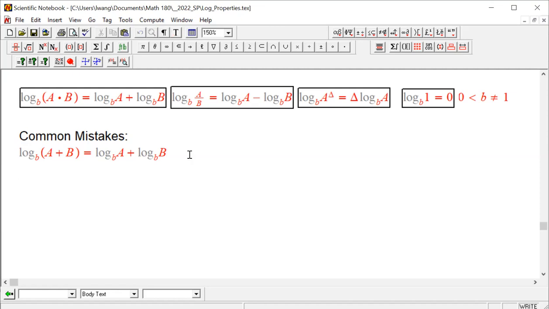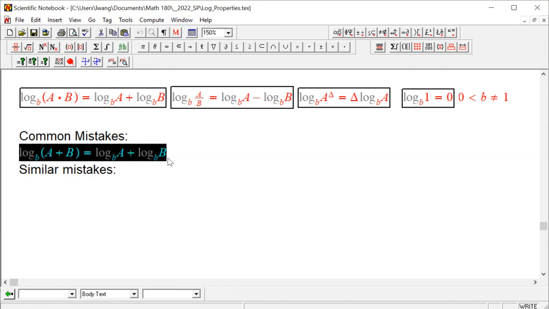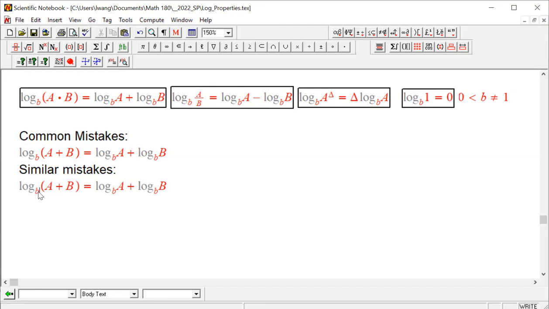And similar mistakes are, sometimes it could be any base, it could be common log, and sometimes it could be natural log.